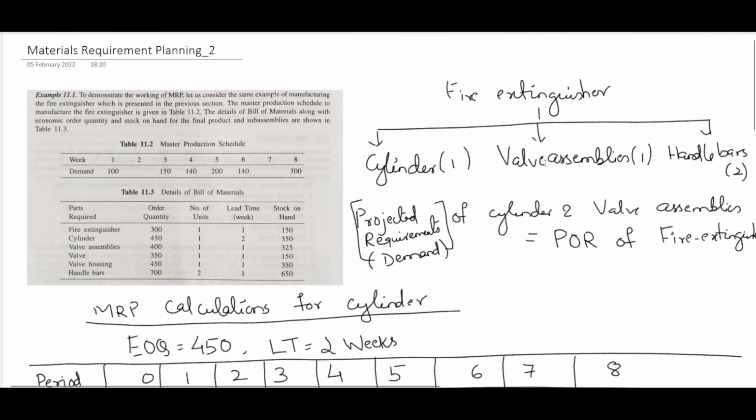Again, valve assembly consists of, here we can see that valve assembly consists of one valve and one valve housing. We can see from the question. It is again the subparts of another subpart of our extinguisher, valve assembly, valve housing.